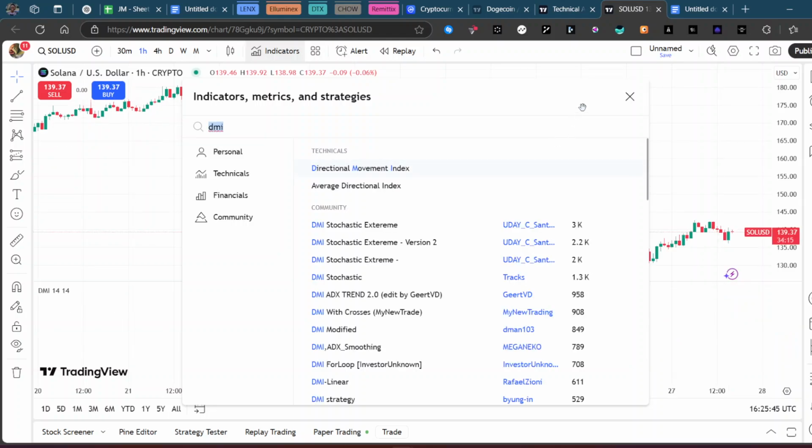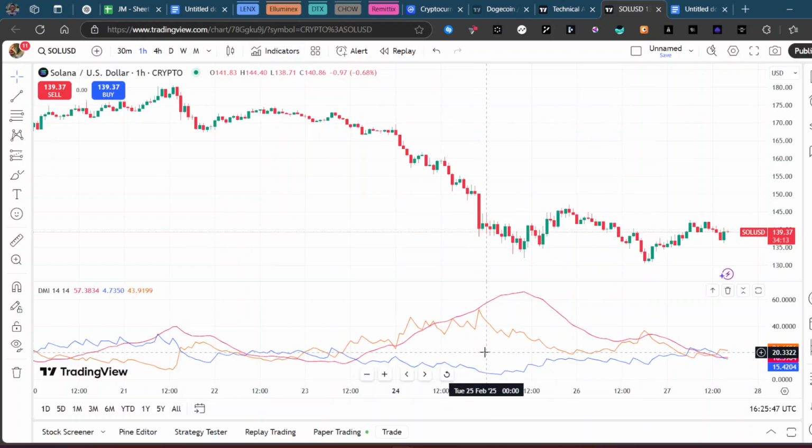So this is the Directional Movement Index, or DMI for short. This strategy is perfect for anyone who wants to trade with confidence by identifying whether the bulls or bears are in control and whether a trend is actually worth following.